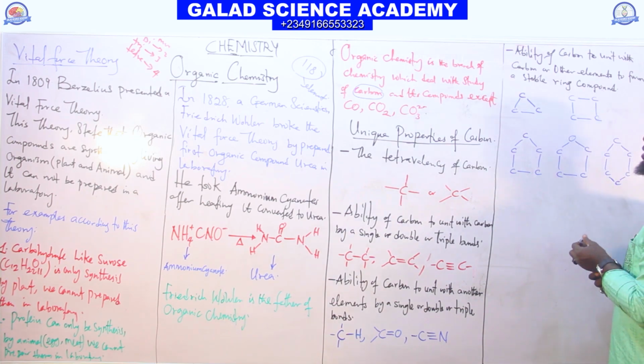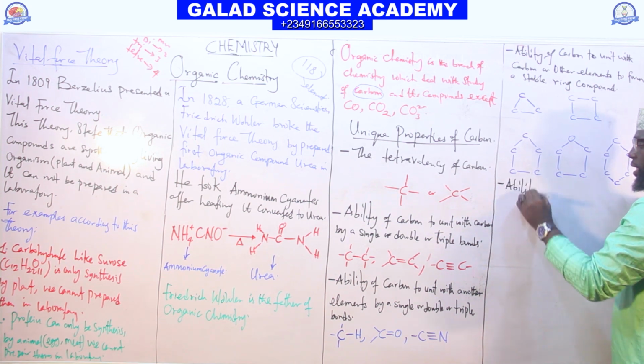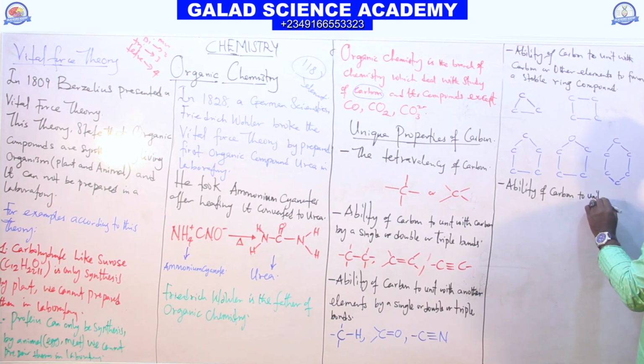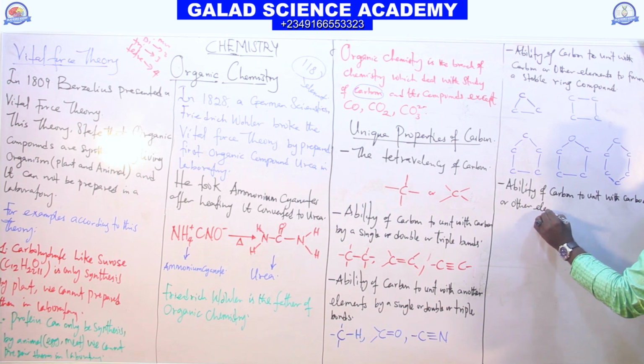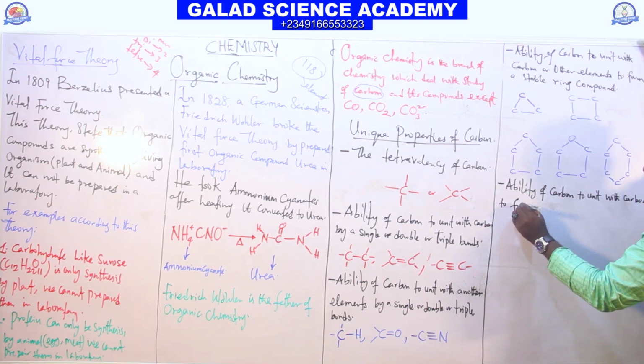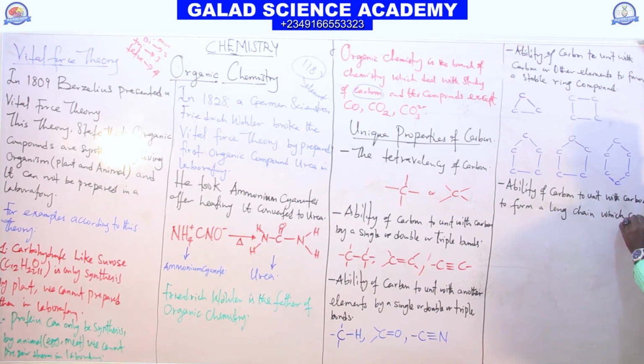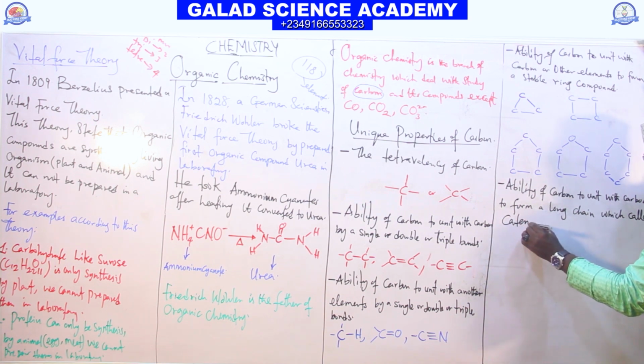The next one: ability of carbon to unite with carbon to form a long chain, which is called catenation.